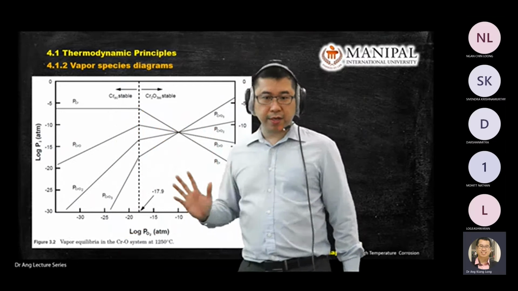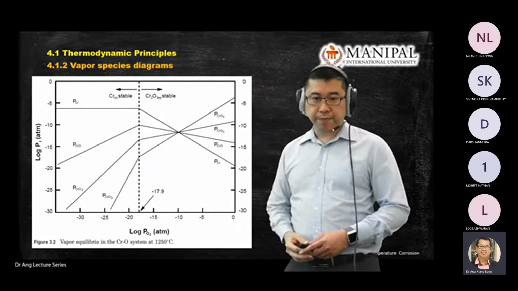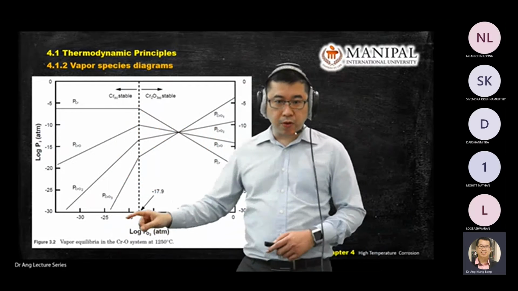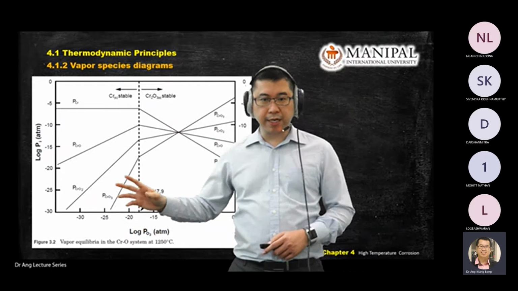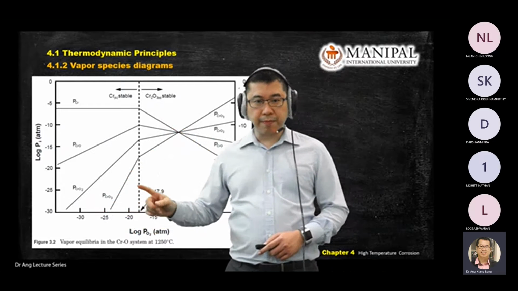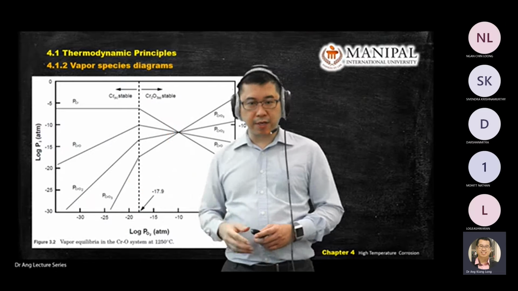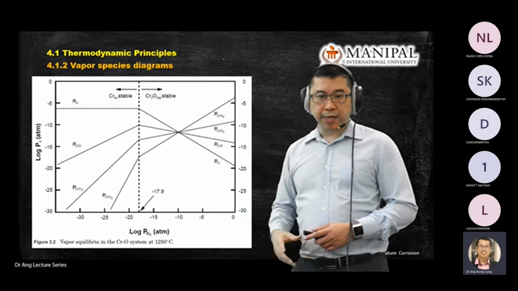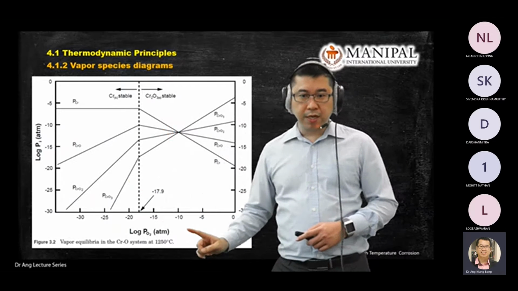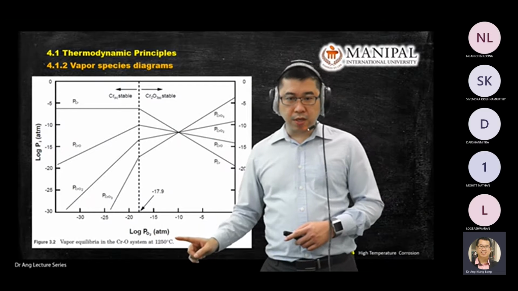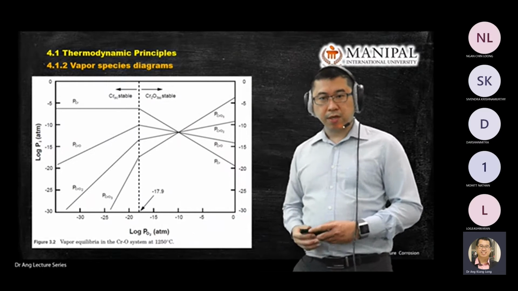So you can read from this graph here. This one is for the chromium oxide system that they did research on. So you can plot all these lines on the graph. And this one is at very high temperature, 1250 Celsius. It's quite high.